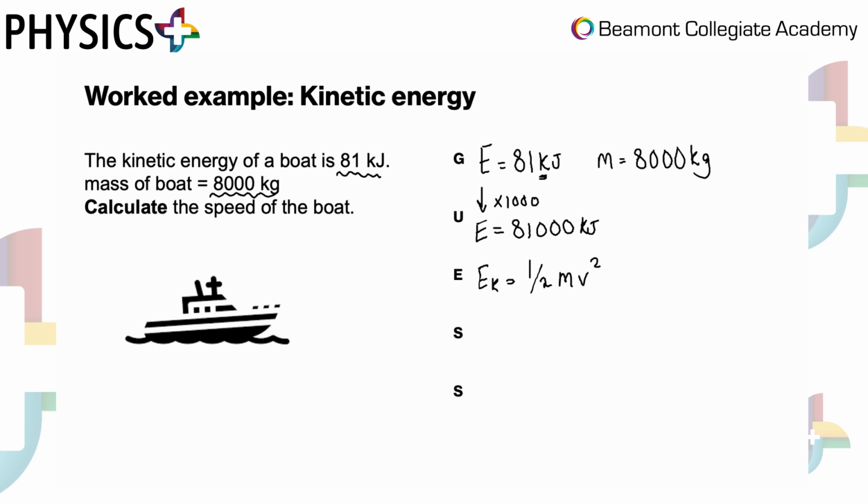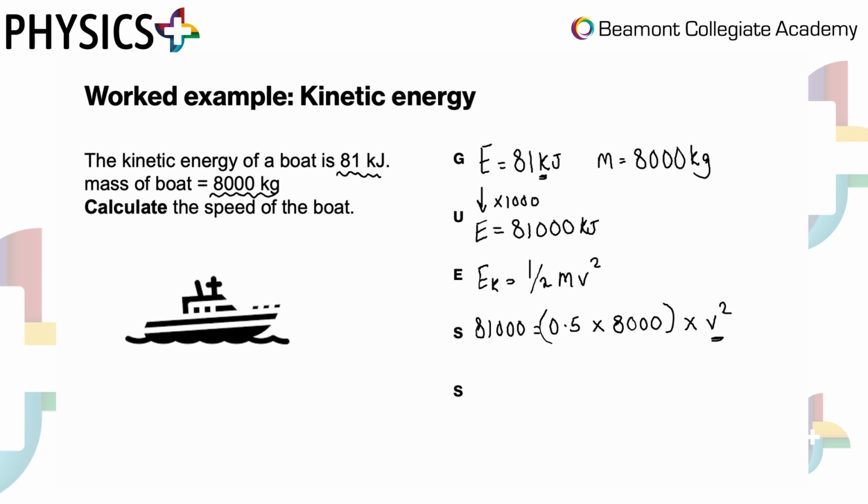And then substitute. We've got energy, 81,000, equals, instead of half, I'm going to use decimals. So half is 0.5 times 8,000. I'll put that in brackets. Times V squared, because that's our unknown.